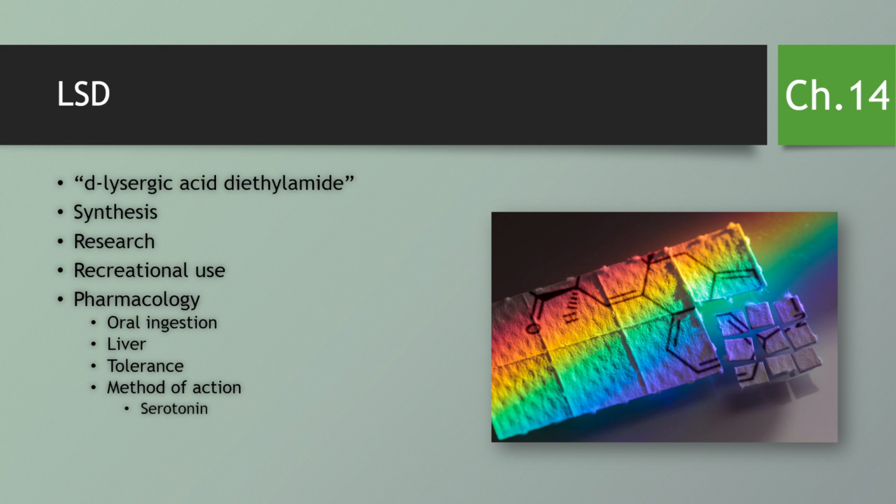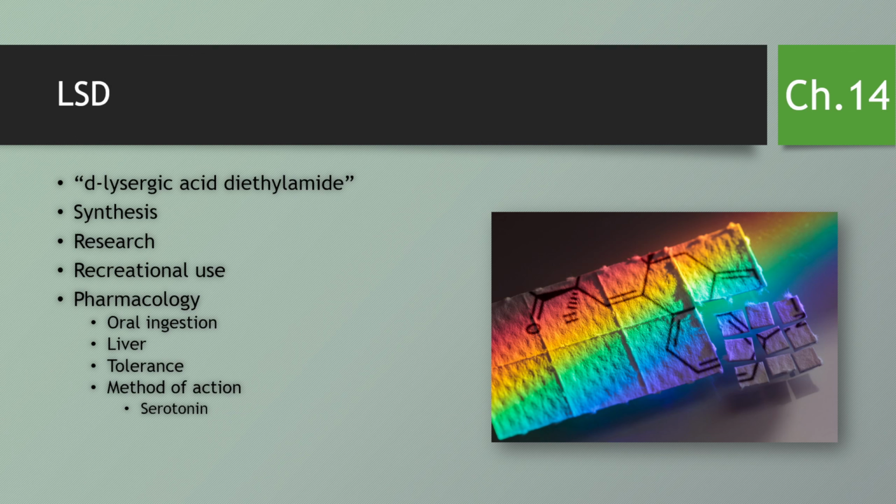When we talk about the pharmacology of LSD, or how it works, it's usually taken orally. You can see in the image there are these little pieces of paper, and usually the LSD is administered on the paper. It absorbs into it, and then these little strips are what's taken orally, and it diffuses onto the tongue.